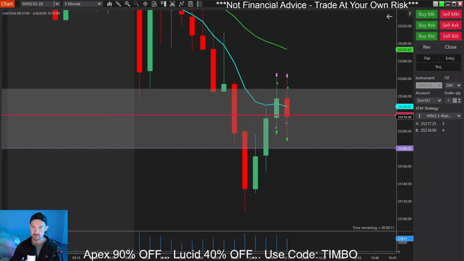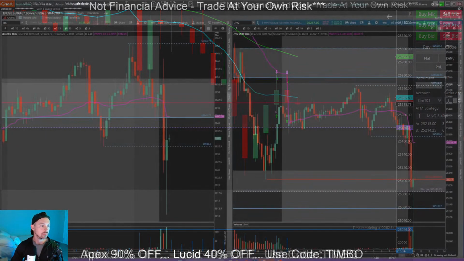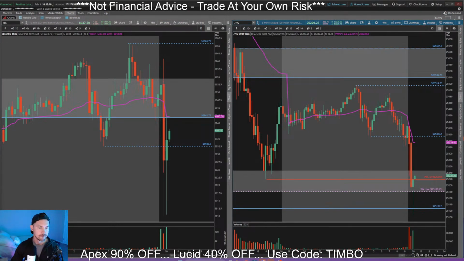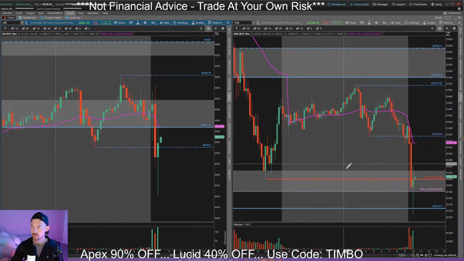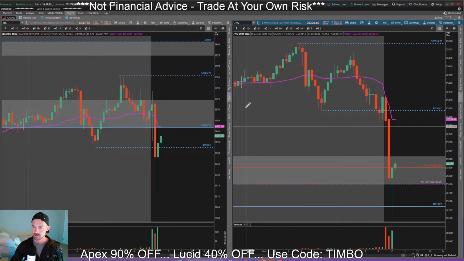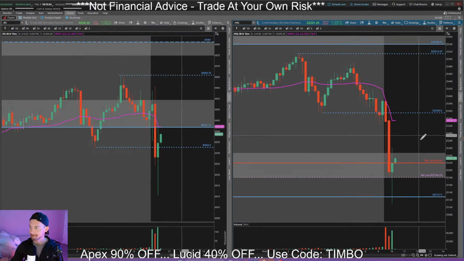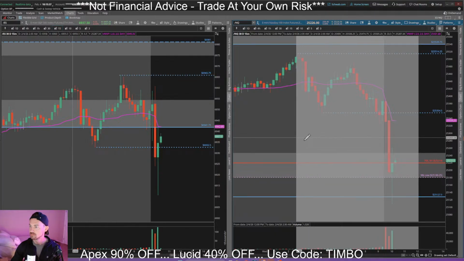We got a new 15-minute candle coming. Yeah, they're kind of bouncing it on the 15. Let's see. 15-minute green close, pretty big bottom wick. Yeah, they're not really wanting to let it get back under previous day low here on NQ.